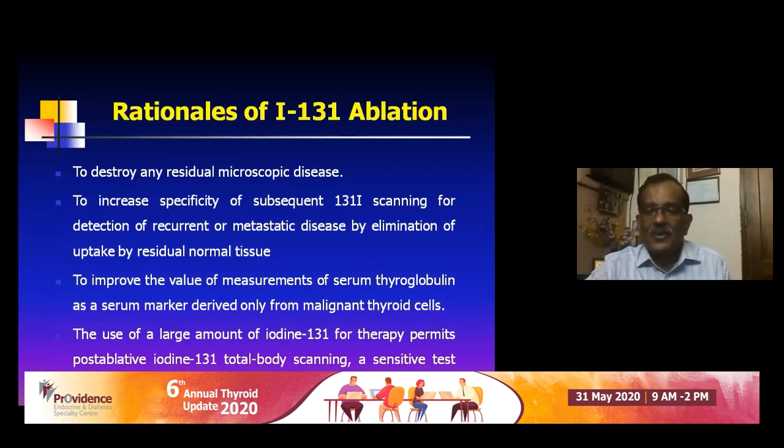So if you destroy all the cells in the body, whatever thyroglobulin is coming must be from the new tissue. The use of a large amount of iodine 131 for therapy permits post-operative iodine 131 total body scanning, a sensitive test for detecting persistence of carcinoma or metastasis.